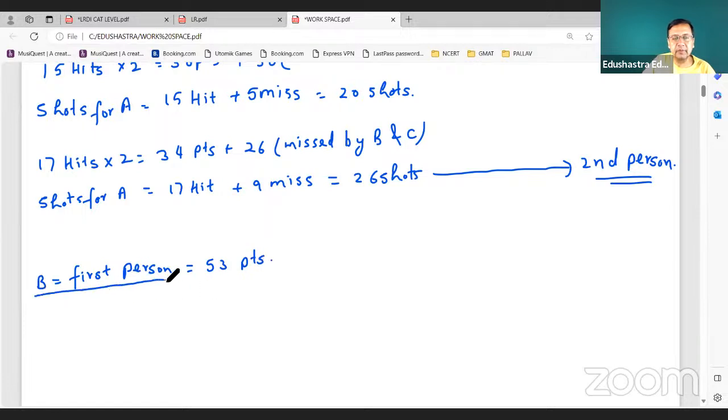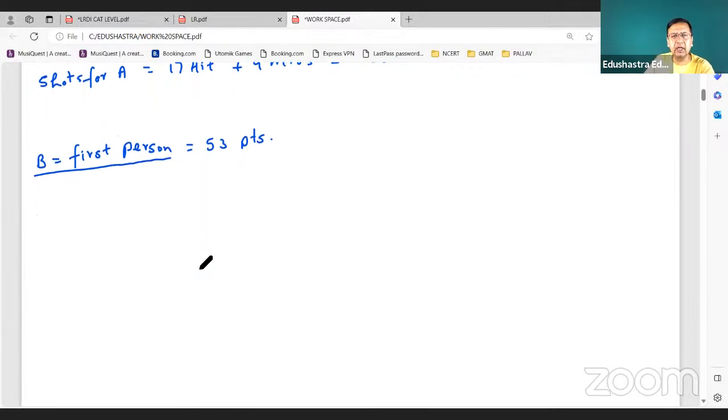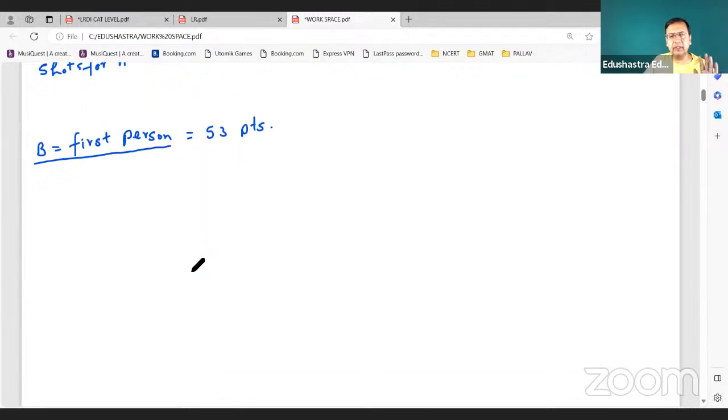Same way, start the same logic. I am assuming B is the first person to shoot the target and is scoring 53 points, and assuming the missed targets are not by B, all the missed targets are by A and C. So this means B will be getting what? 35 points, and this is what?